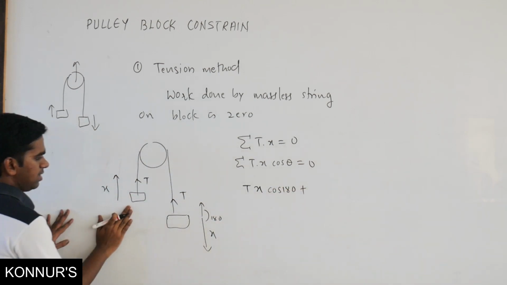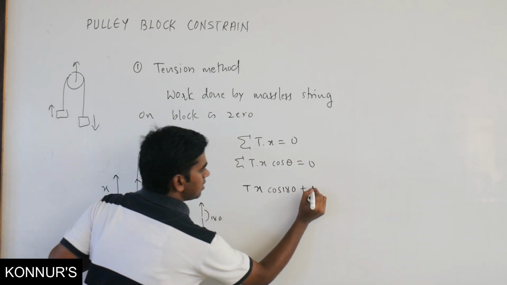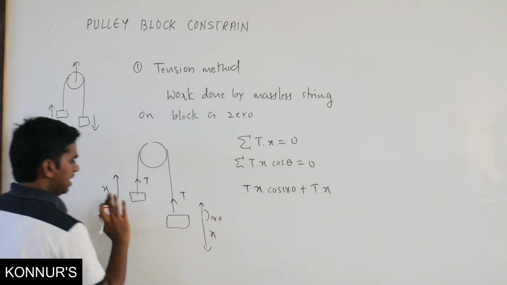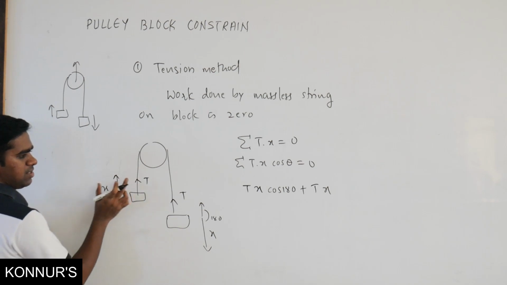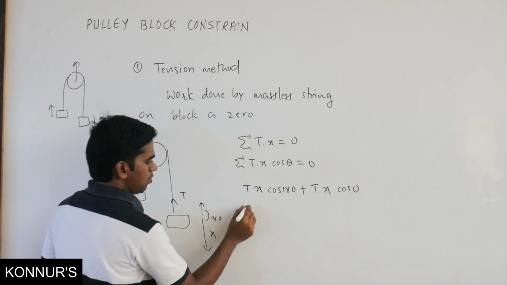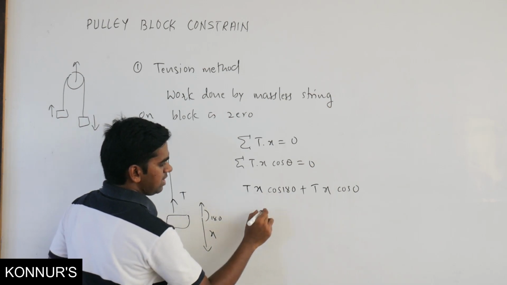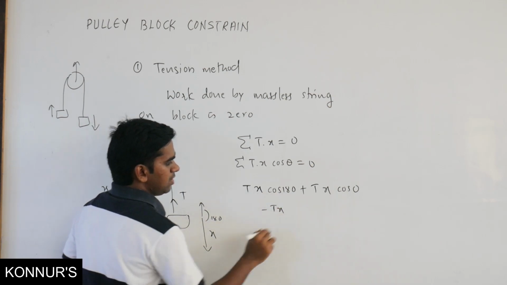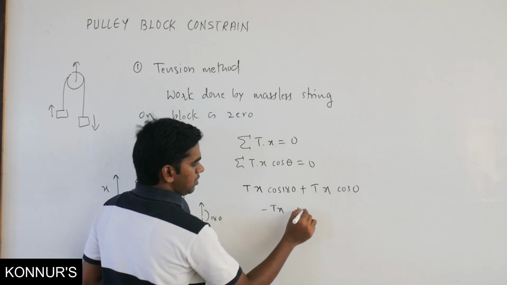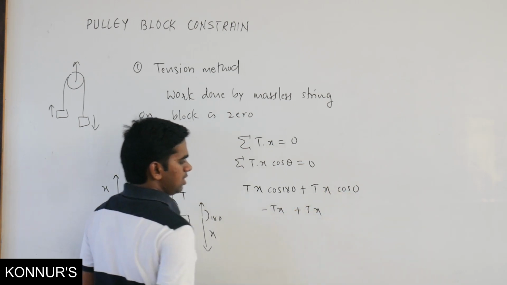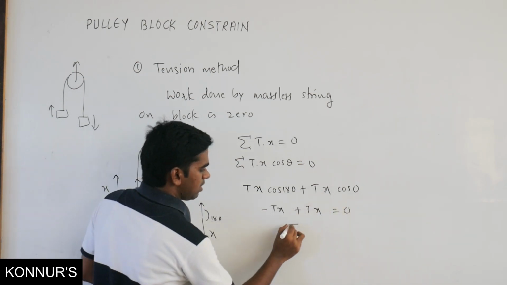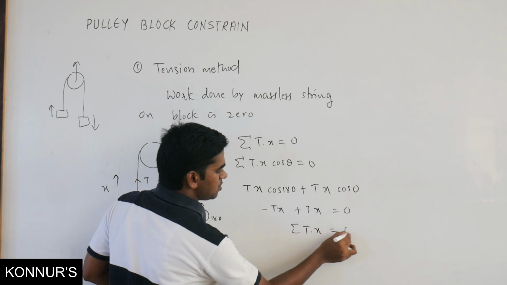Here, force is tension, displacement is x, and both are in the same direction, so the angle is 0, so cos 0. Cos 180 means minus Tx, plus Tx cos 0, which is plus Tx. So both will get cancelled and it becomes 0. That is why the summation of T dot x is 0.